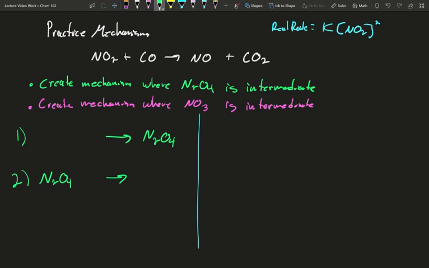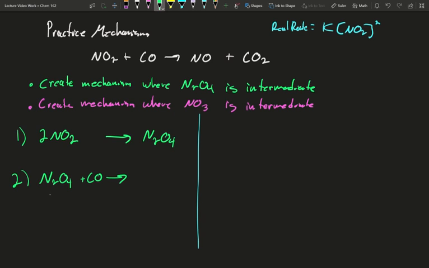Well, that's 2 nitrogens, 4 oxygens, and I have half that in each of my NO2s. So what if I had 2 NO2s just combined? What if they ran into each other and made N2O4? All right, that would work. I'd use up some NO2, I'd make some N2O4, and then that would have to react with my carbon monoxide.